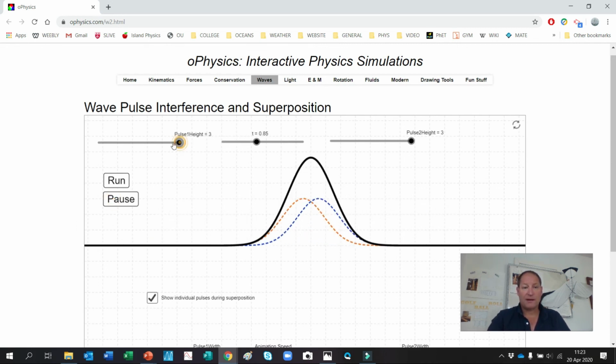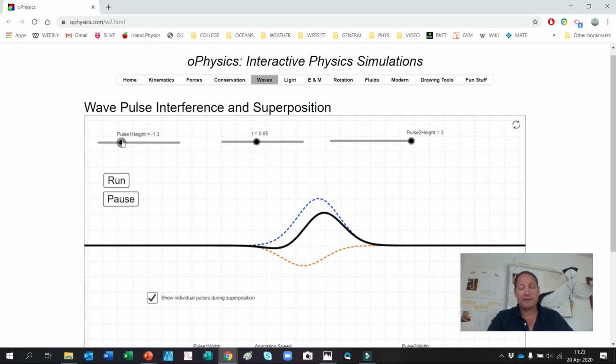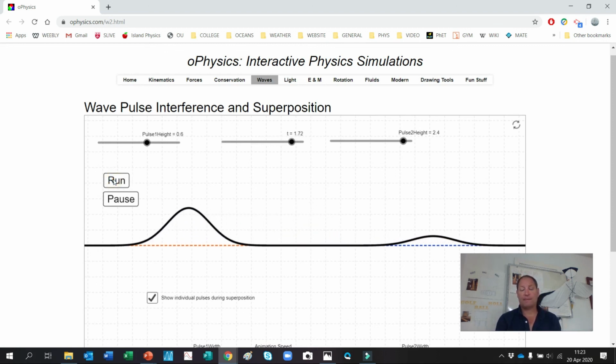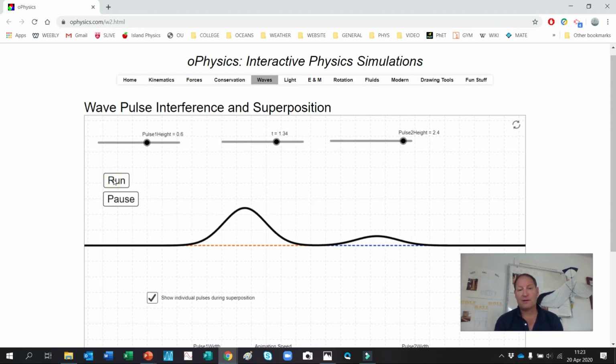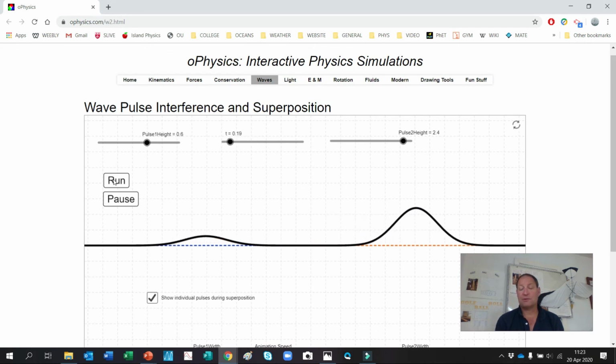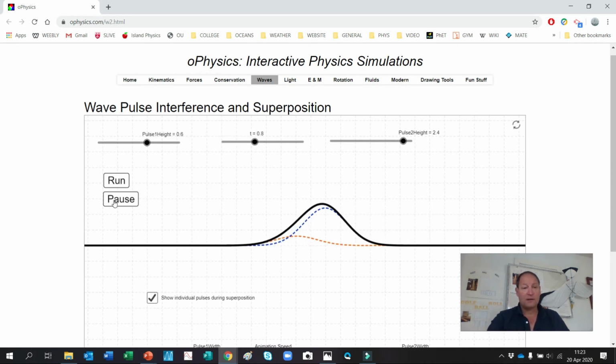So let's have the yellowish one as being a wind-driven wave, and the blue one can be like an ocean swell. And look what happens when they coincide. The wind-driven wave goes on top of the ocean swell, and the ocean swell gets bigger.